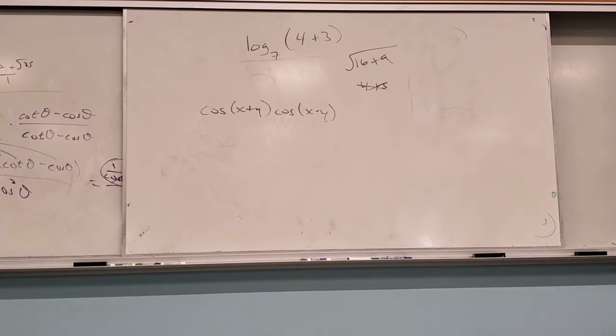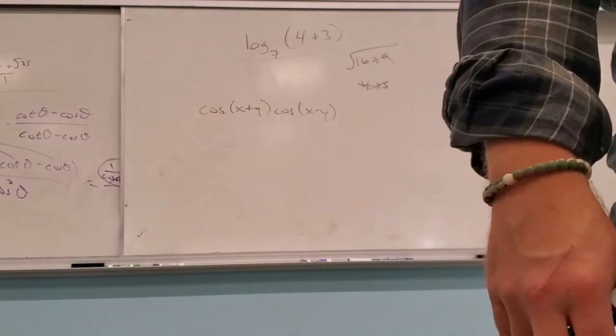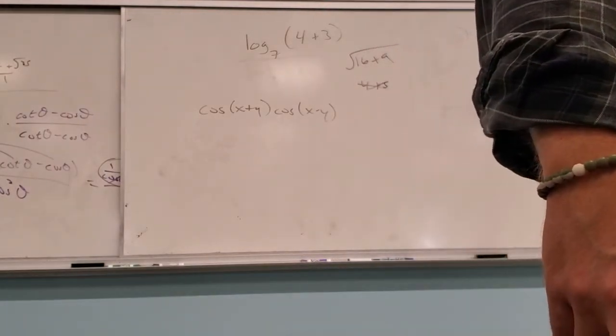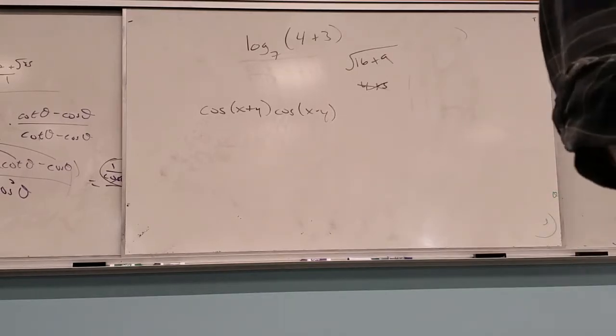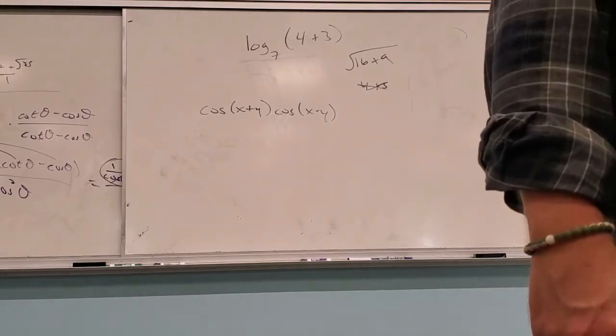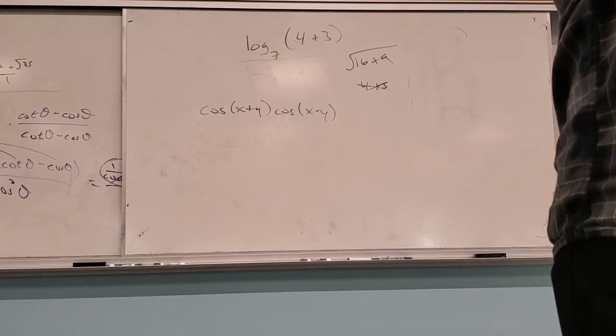If it was cosine squared x minus sine squared x. What's cosine squared of an angle minus sine squared of an angle? Okay. It's cosine of 2 times the angle, right? So it'd be cosine of 2x in this case. So it's the double angle formula for cosine, which is one you have to memorize.